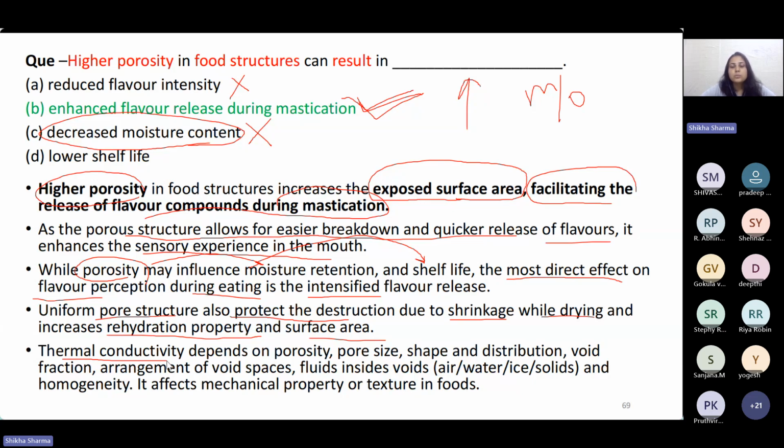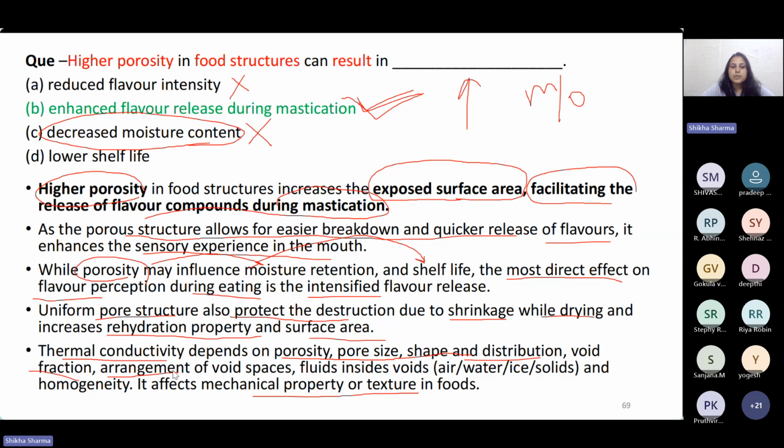If the product is highly porous, porosity also affects the thermal properties like thermal conductivity or diffusivity, and also the mechanical properties, like the texture of the product. The thermal conductivity basically depends on the porosity, pore size, shape, its distribution, how much void there is.